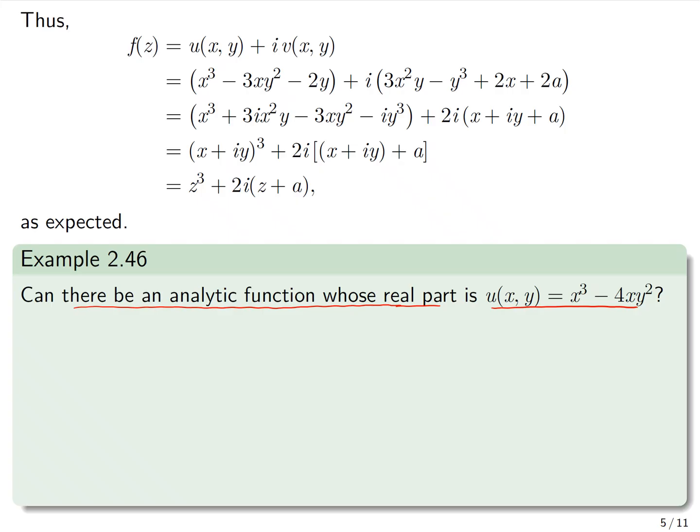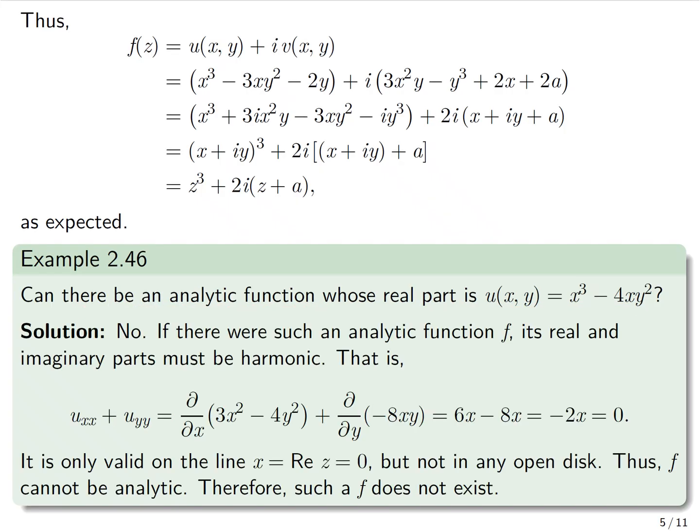So let's do that. The answer is actually no, but let's see why. The argument is, if there were an analytic function f, then its real and imaginary parts should satisfy the Laplace equation, or should be harmonic.